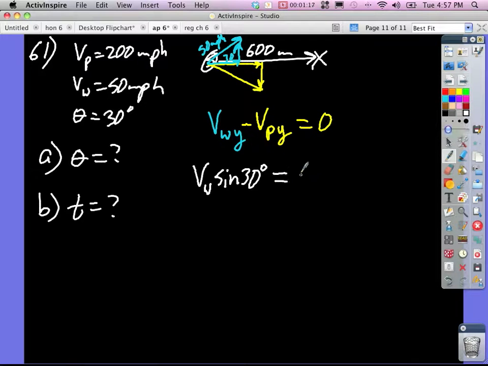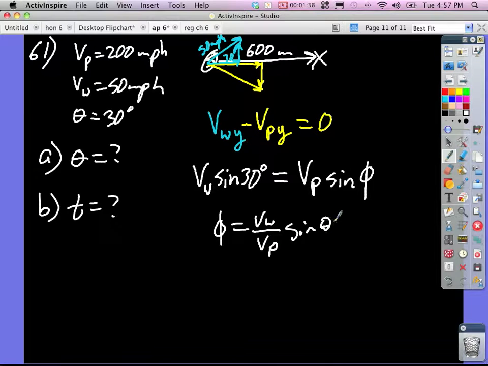So then that's going to equal the velocity of the plane times sine of theta. Well, once again, let's not use theta, let's use phi. So phi is going to equal the inverse sine of VW over VP times sine 30.